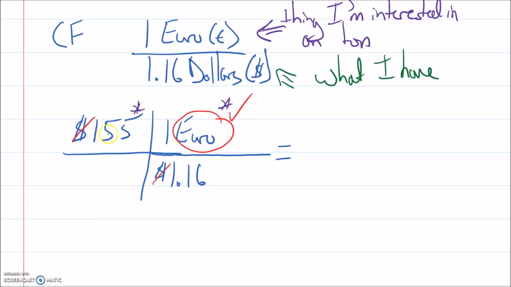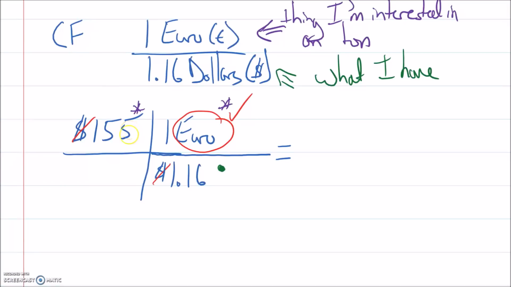So we just multiply the number 155 by €1. That will leave us in the end with a unit of euro. Then what we do is we divide by whatever number's on the bottom. So actually, let's do that in a different color. Let's say we multiply by those purple stars, and let's divide by my green dot.